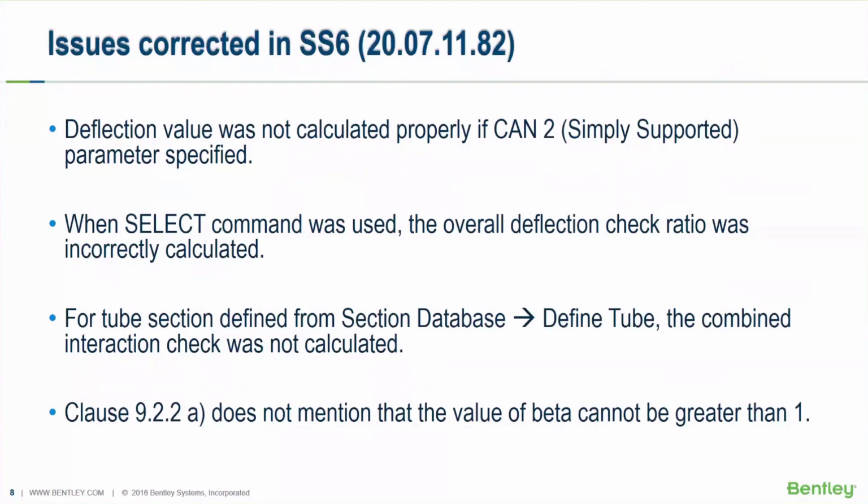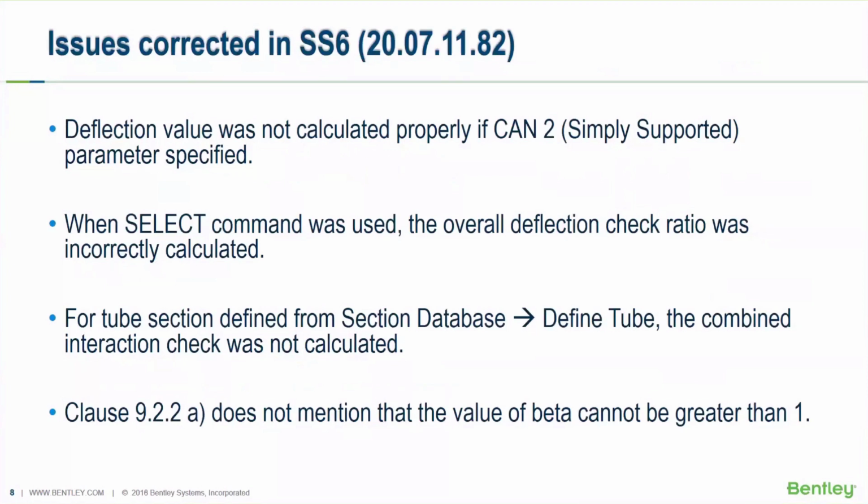And when you provide a SELECT command, instead of a code check, the overall deflection check was also being done incorrectly. That has been corrected also. This is something you should take care of. This can affect your designs, as I said again and again.